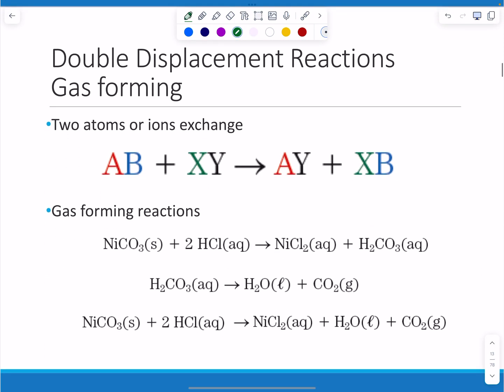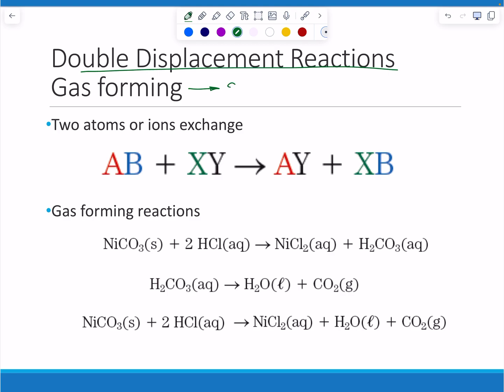All right. So the other type of reaction that you saw in the net ionic equations lab, which was a double displacement reaction, is what we call a gas forming reaction. And this is really a double displacement reaction that has a secondary reaction that happens afterwards.